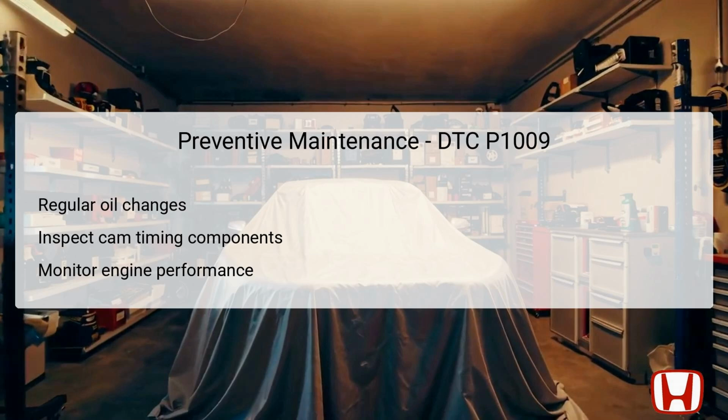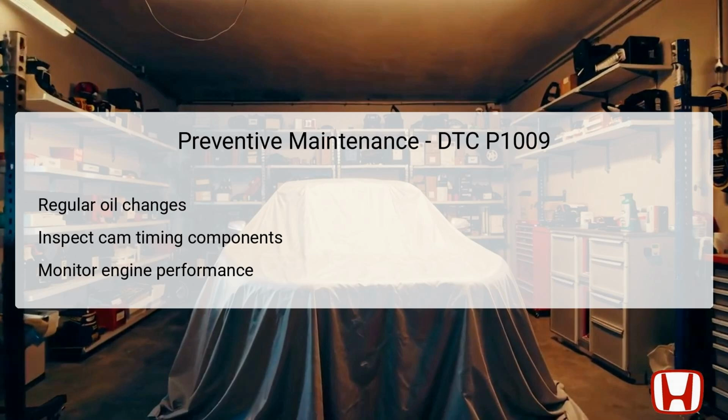To prevent future occurrences of DTC P1009, implementing a strict preventive maintenance routine is paramount. Regular oil changes are essential, as oil quality impacts the performance of the VTC actuator and solenoid systems. Regular inspections of the cam timing components, including chains and actuators, help identify signs of wear or damage before they lead to operational failure.